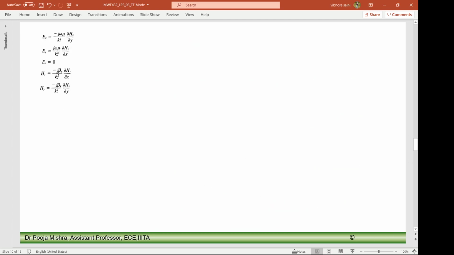So we have the solution for all these equations in terms of Hz only, and we already know what Hz is. Hz was some A sine plus B cos, C sine plus D cos, exponential minus j beta g z.